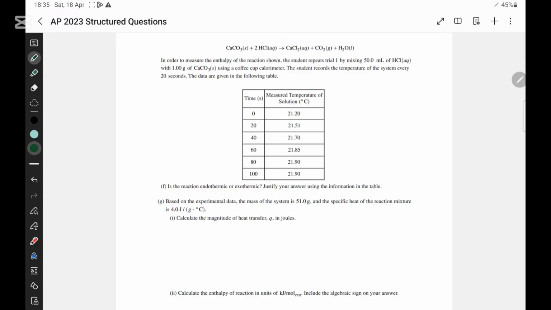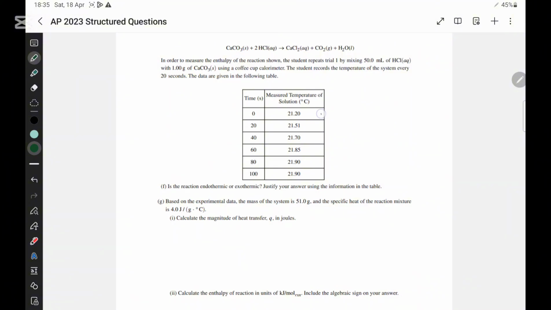So the next question says, in order to measure the enthalpy of reaction, the student repeats trial 1 by mixing 50 milliliters of HCl with 1 gram of calcium carbonate using a coffee cup calorimeter. The student records the temperature of the system every 20 seconds. Is the reaction endothermic or exothermic?